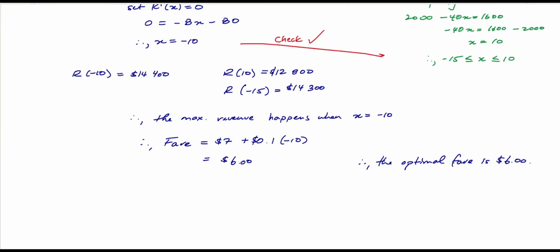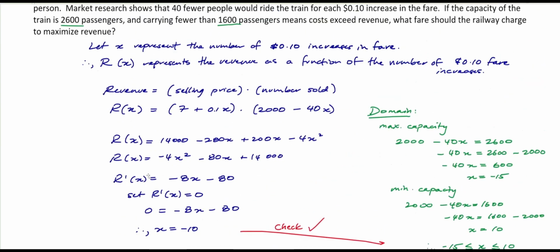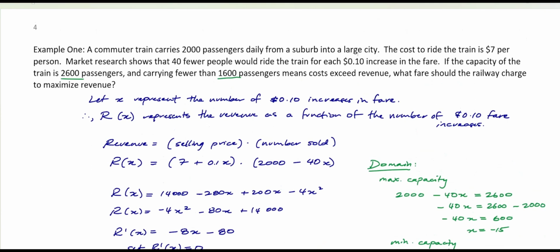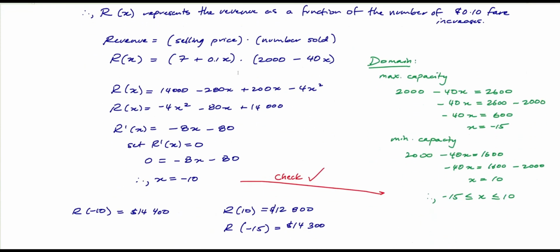All right, so just quickly to review, I set up the revenue function. I recognized, and you can tell by the language of it, what you're going to let x represent. It's the number of 10-cent increases in fares. Then I got my selling price, number sold, and looked at my restrictions on the domain.